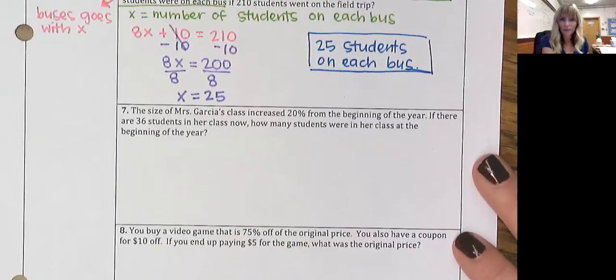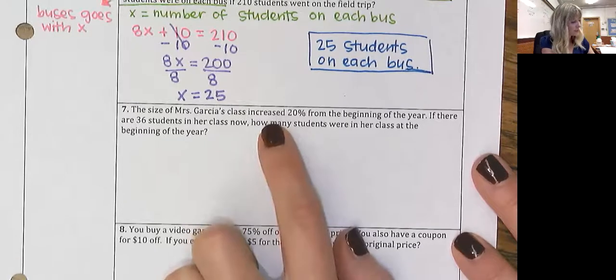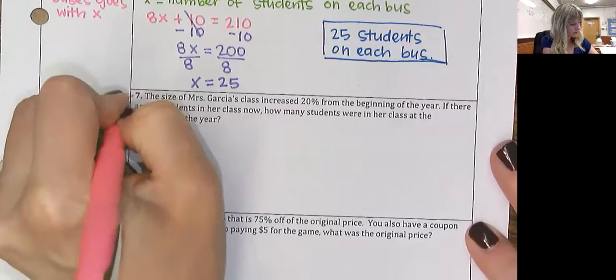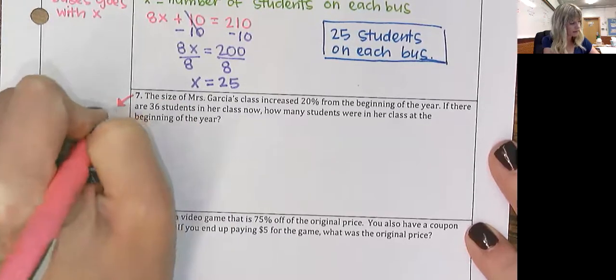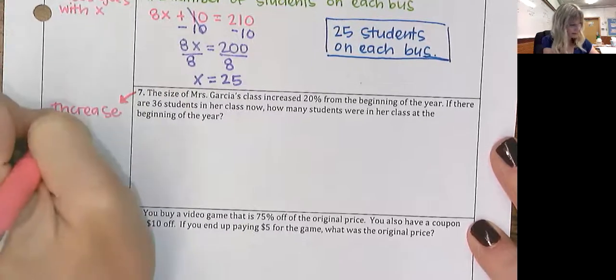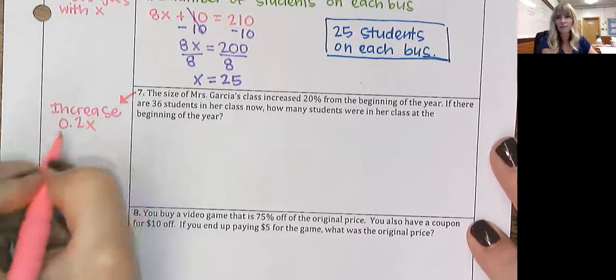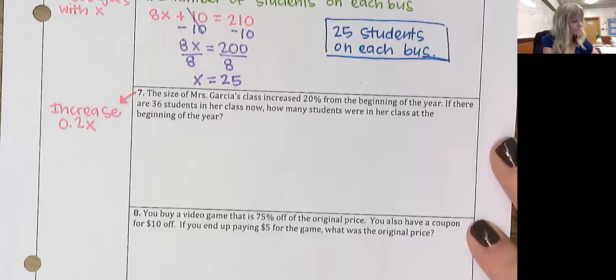Number 7. The size of Mrs. Garcia's class increased 20% from the beginning of the year. Increased 20%. Ooh, that really means we are increasing 20% of something, so 20% is 0.2. That's what an increase of 20% means. We're going to add 0.2x to something.